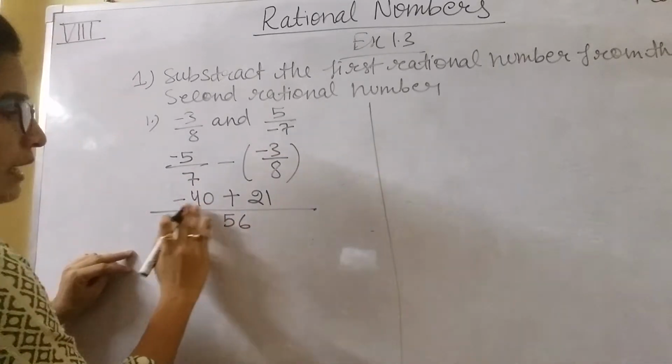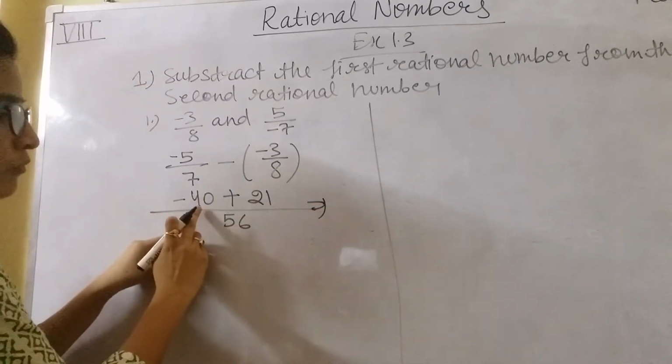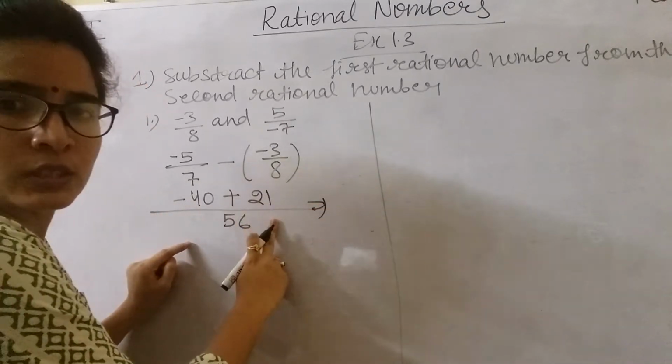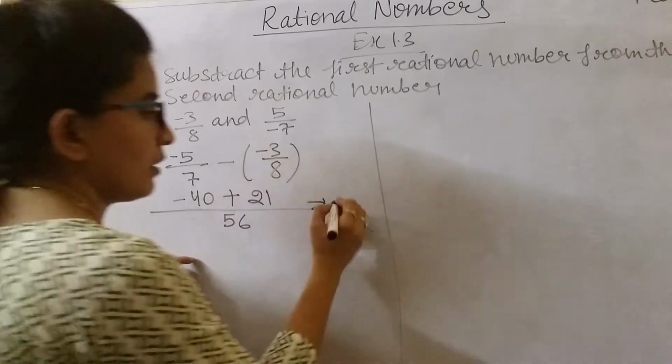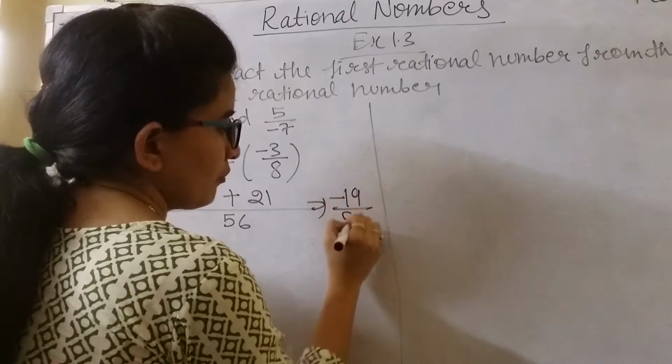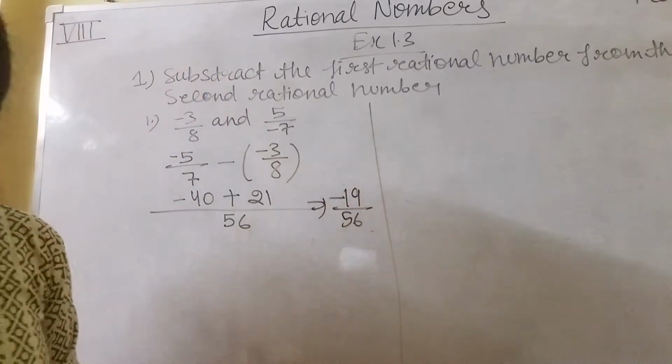Now -40 plus 21, we have one negative, one positive, so we will subtract both the numbers, that will be -19 upon 56.